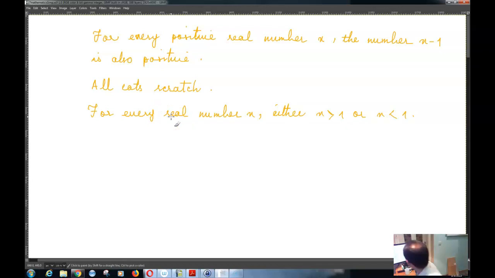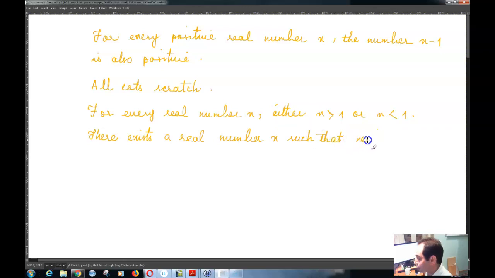So the answer is: there exists a real number x such that neither x is greater than 1 nor x is less than 1.